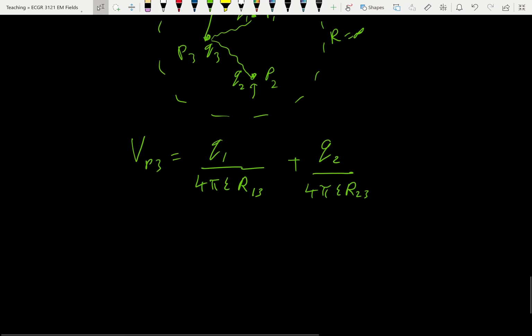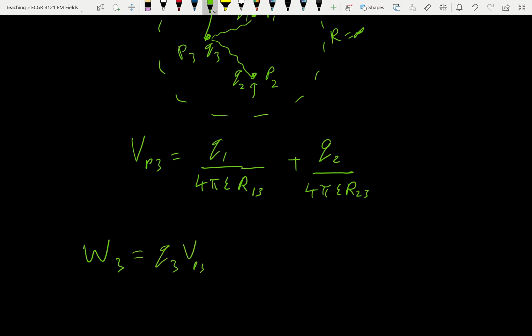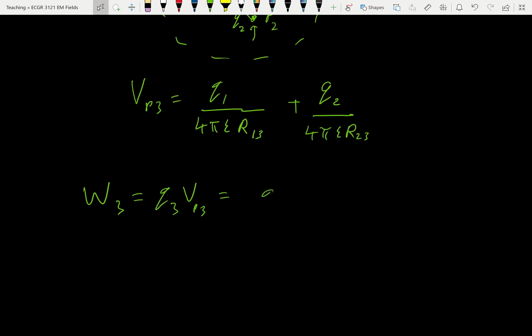So what's W3, the energy needed to move this third charge to point P3? It's Q3 VP3, the charge times the voltage. That gives me Q3 Q1 over 4 pi epsilon R13 plus Q3 Q2 over 4 pi epsilon R23.